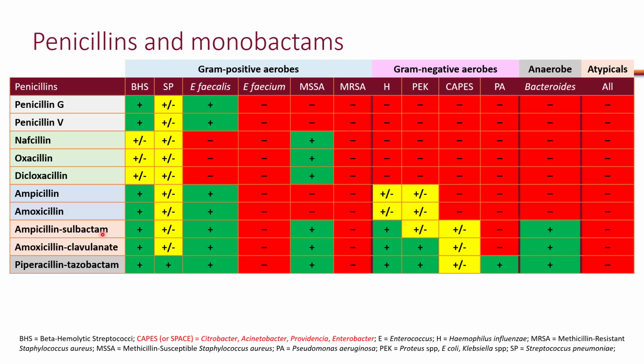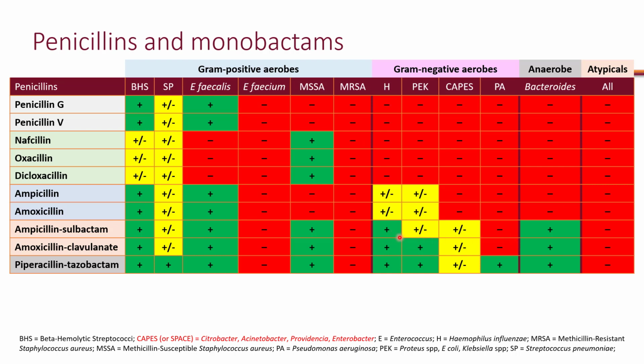Now, by adding beta-lactamase inhibitors to these 2, so if you combine ampicillin with sulbactam and amoxicillin with clavulanate, you gain some of this activity. So now the penicillinases from Staphylococcus aureus are neutralized by these beta-lactamase inhibitors. So ampicillin-sulbactam and amoxicillin-clavulanate are active against MSSA, and they do gain better activity for gram-negative organisms.